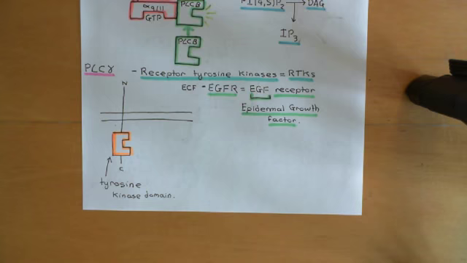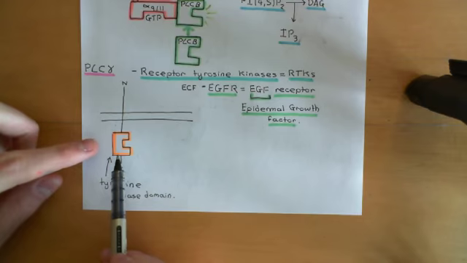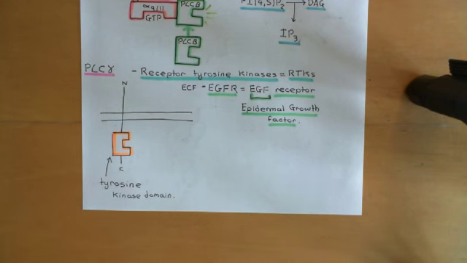Okay, now, before the receptor tyrosine kinase has been exposed to its ligand then, this tyrosine kinase domain has a very low level of activity. Okay, so it's not really that good at adding phosphate groups onto tyrosine residues.